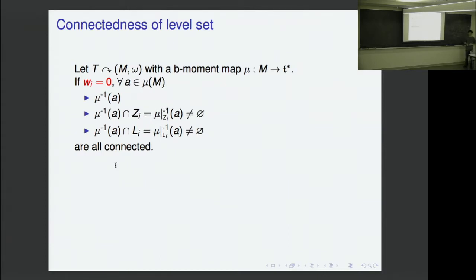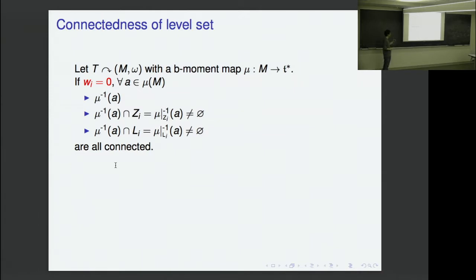And what we can say is that when the modular weights are 0, then we can take any moment value inside the moment image, and then consider the level set. So this is a level set in the b-manifold M, and we can restrict this to a component of the singular locus, and restrict this to a fiber of that singular locus. This will be non-empty and connected.